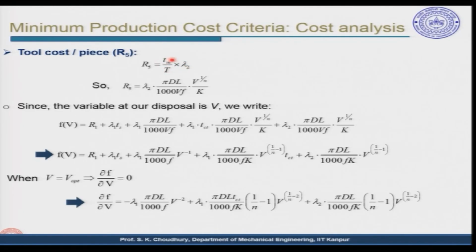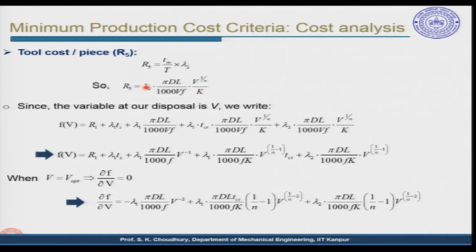So, therefore, Tm by T we have found out earlier. Tm we found out earlier, that is pi d L by 1000 V f. Value of T we found out as k divided by V to the power 1 by n. So, here it will be V to the power 1 by n by k, and that has to be multiplied by the tool cost per piece.